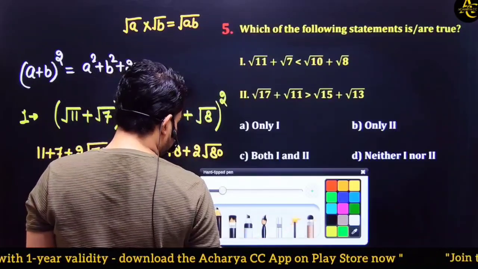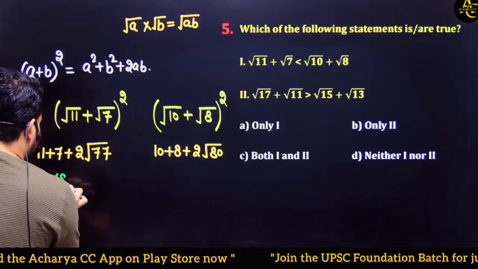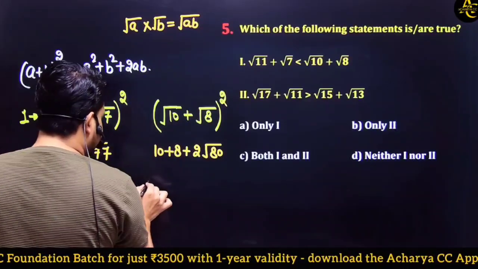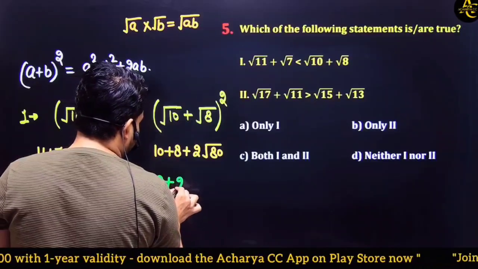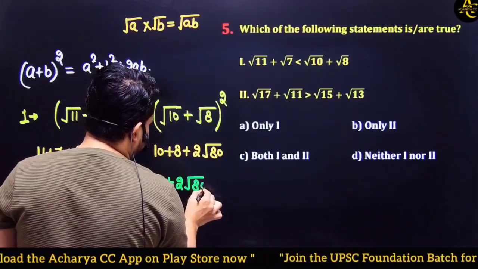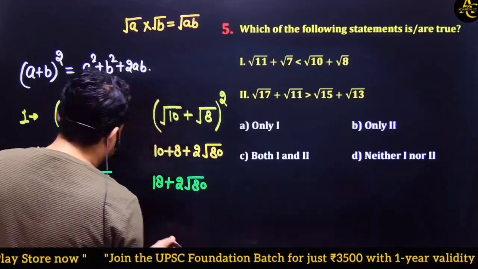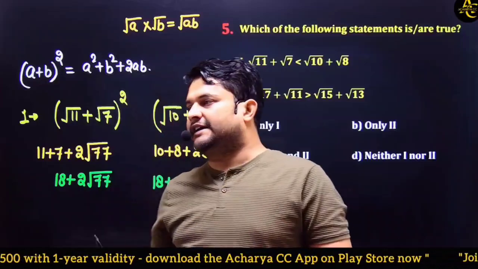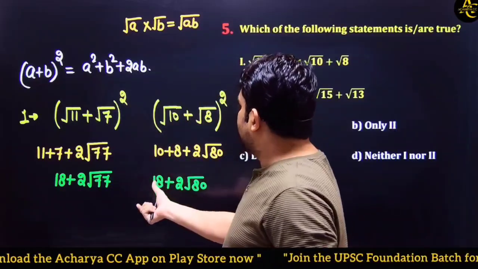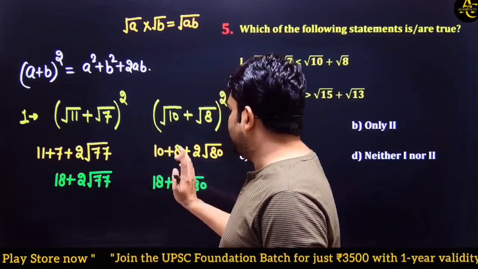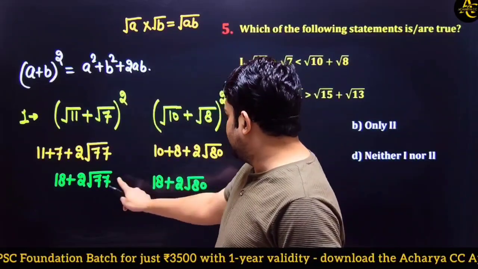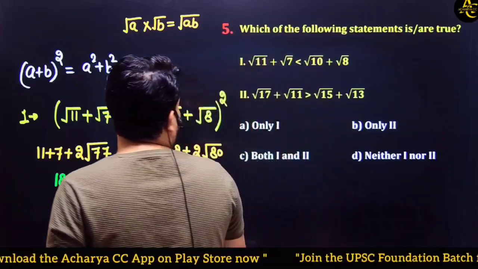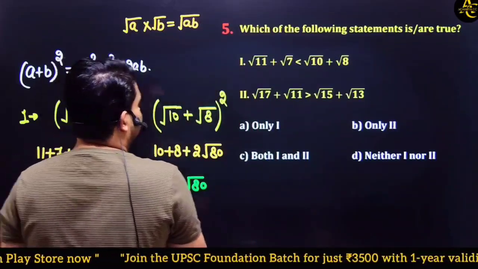See, here it is 18 plus twice root 77, here 18 plus twice root 80. Guys, how will you compare? Since 18 and 18 are the same on the left and right sides, this can be compared on the basis of the rest. So 2 and 2 are the same, and this can be compared on 77 or 80. 77 is smaller than 80, so this term is smaller. So statement 1 is correct.